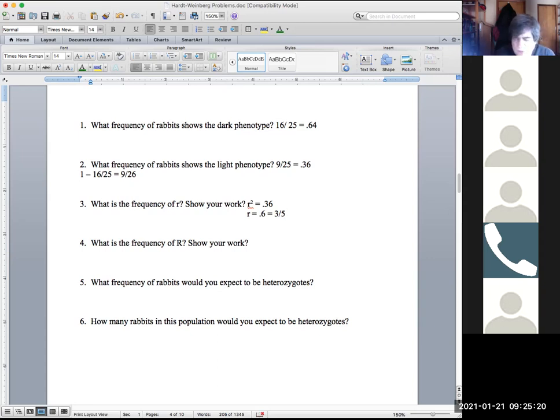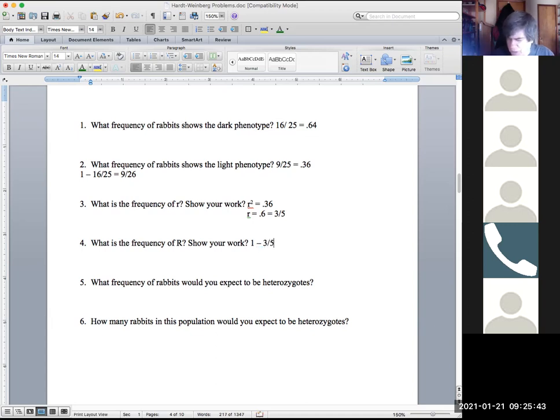What's the frequency of big R? Okay, one of the things that you want to take home, kind of the take-home message here, to find the frequency of the dominant allele, pretty much we're always going to do it the same way. 1 minus the frequency of the recessive allele.